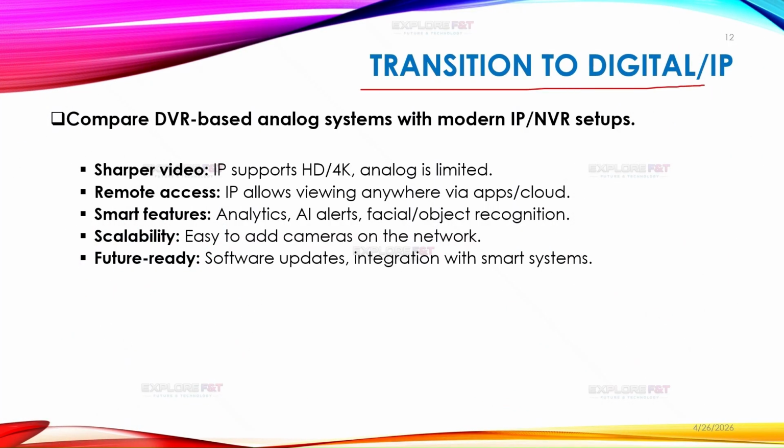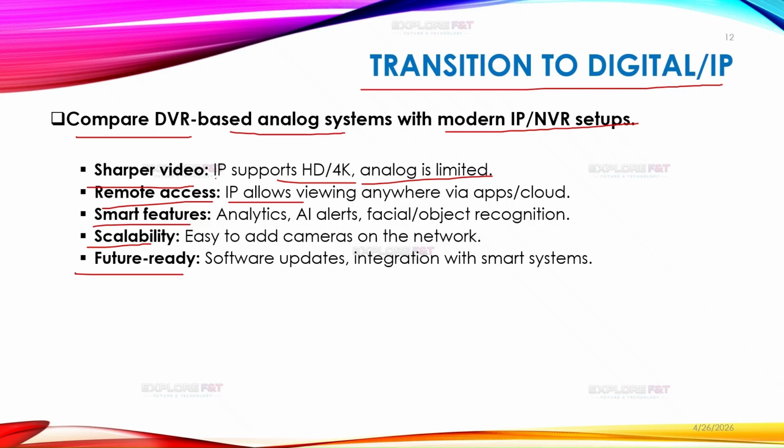So, the transition to digital IP. Compared to a DVR based analog system, modern IP and NVR setups offer sharper video, remote access, smart features, scalability and future readiness. IP supports HD and 4K, while analog is limited.